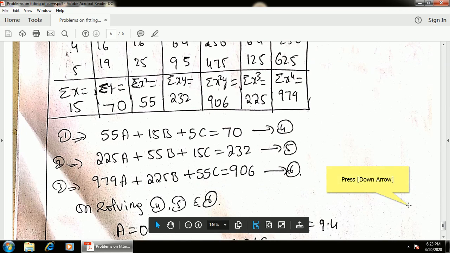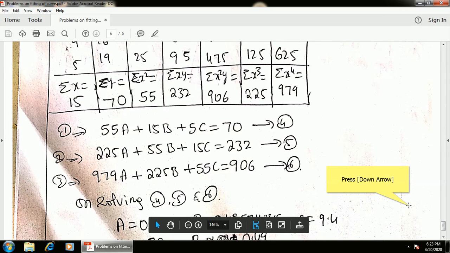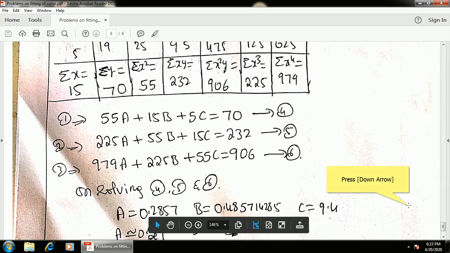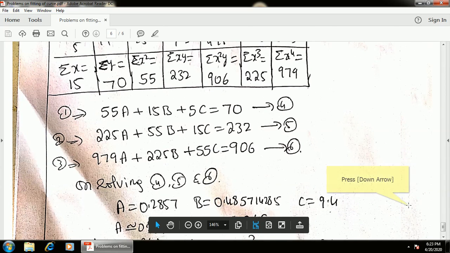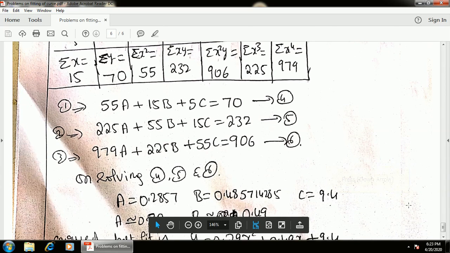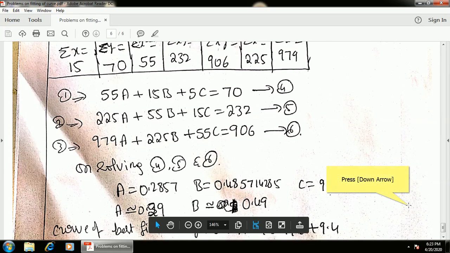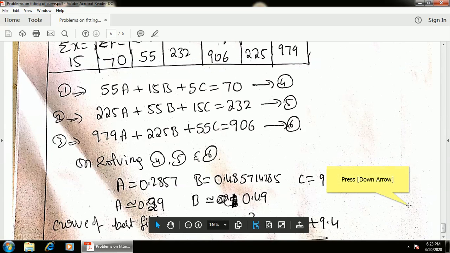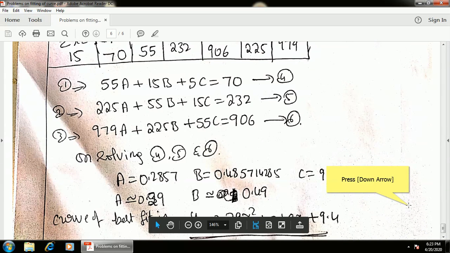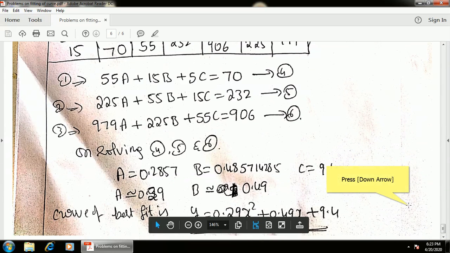By solving those equations, we are getting the a, b, c values.